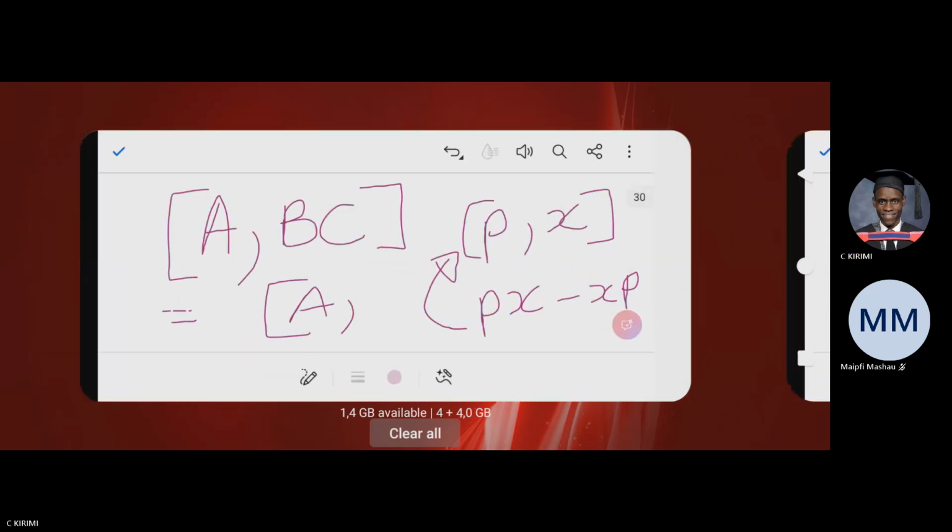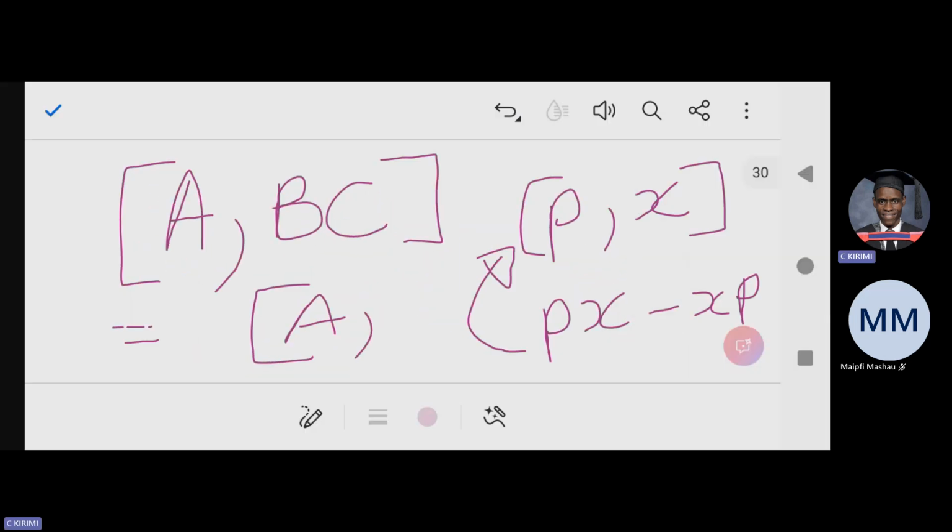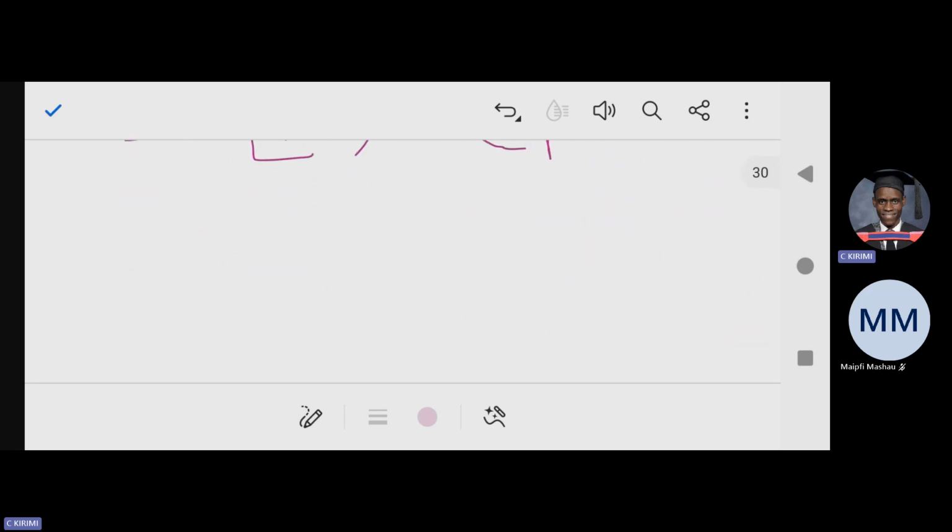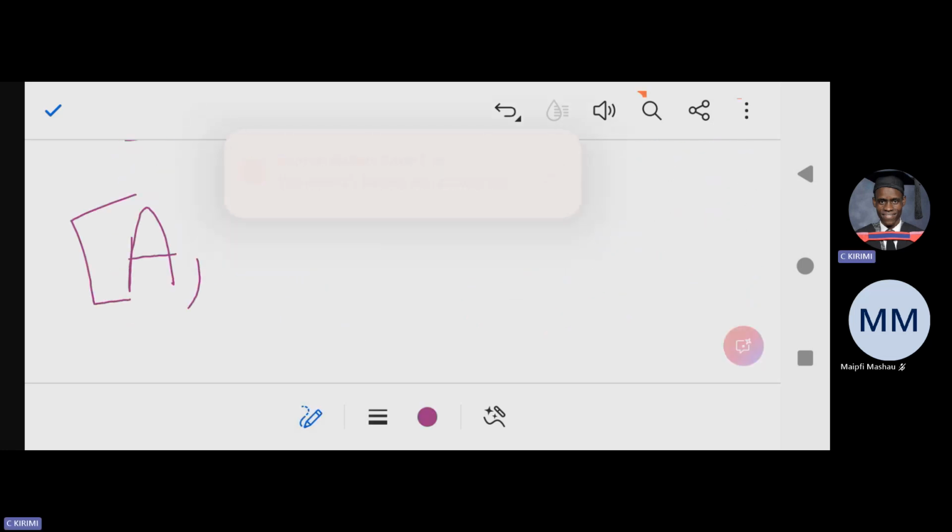That's why, when we were doing the commutation relation of A commuting with BC, the comma there indicates that A commutes with BC.